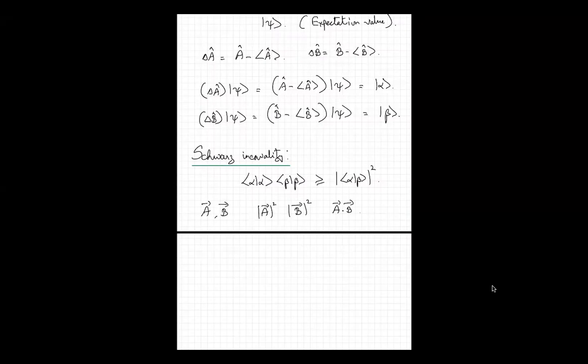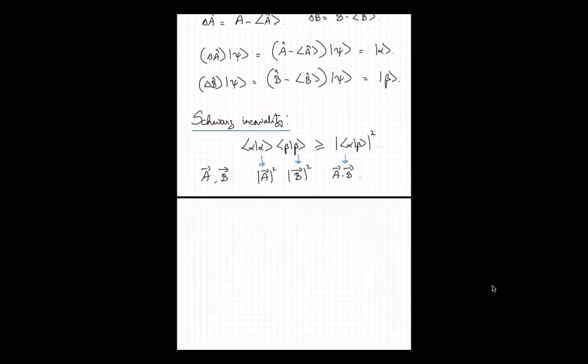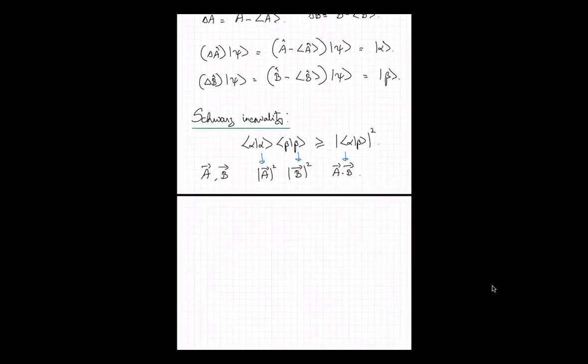So if I want to make a correspondence with your usual vector analysis, this would be the correspondence. Now you know from ordinary vector calculus that A dot B is the length of A times the length of B times the cosine of the angle between them.